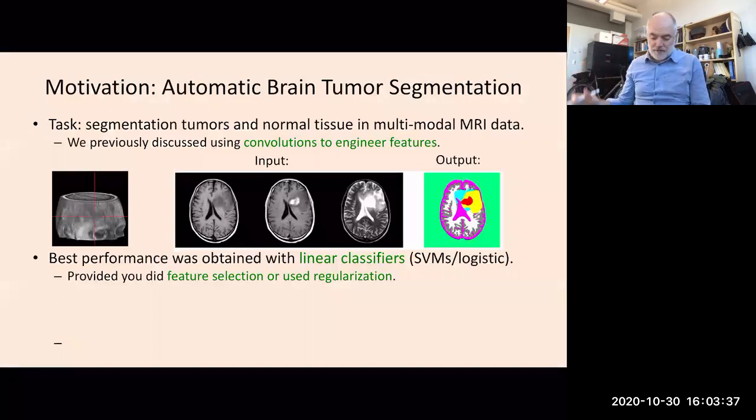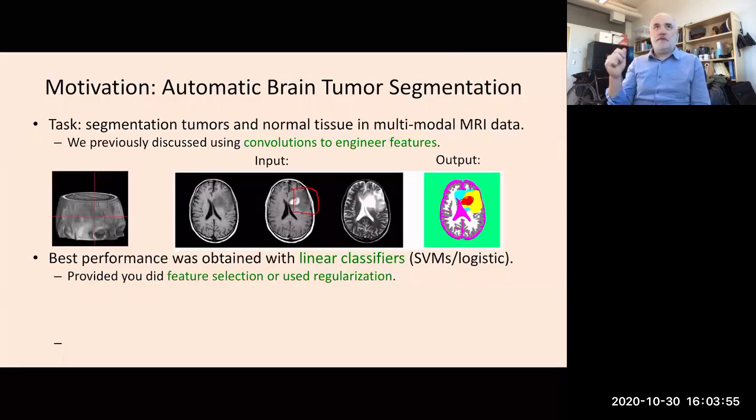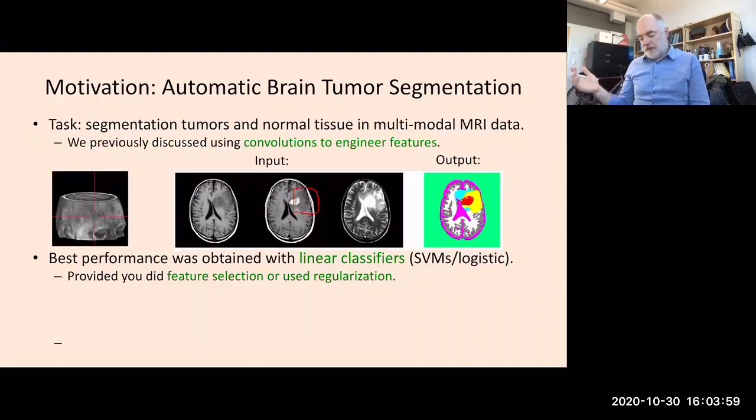Last time we talked about convolutional feature banks and feature engineering, such that you could draw spatial information from regions by combining the outputs of convolutional filters in various ways. And we talked about this dense segmentation problem: trying to label every voxel in some volume as tumor or not.